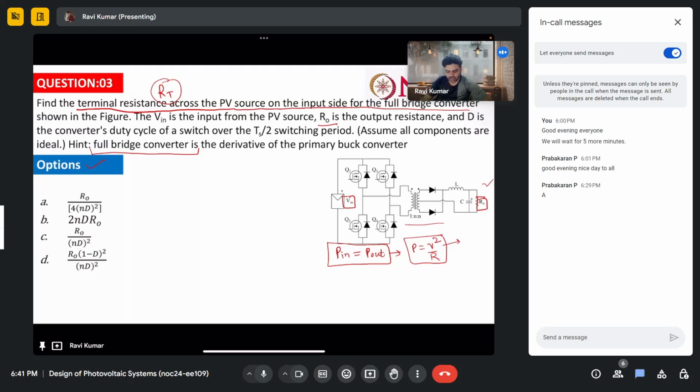So I can give you directly V naught by V in here will be 2Dn.